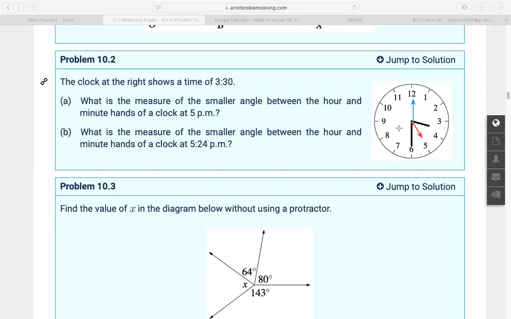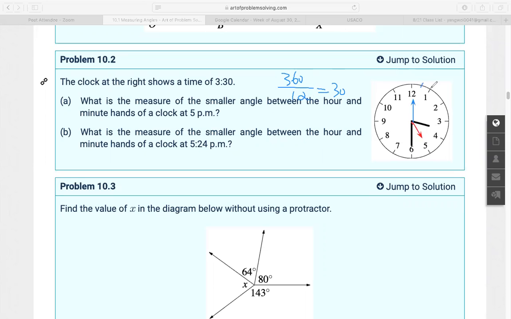You have 12 hours on a full circle, so you use 360 divided by 12. Each hour is 30 degrees. So from 12 to 1 is 30.